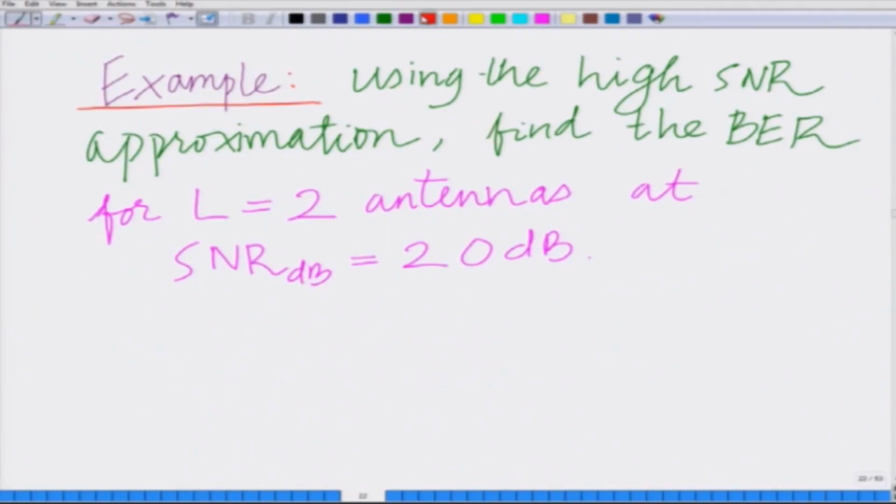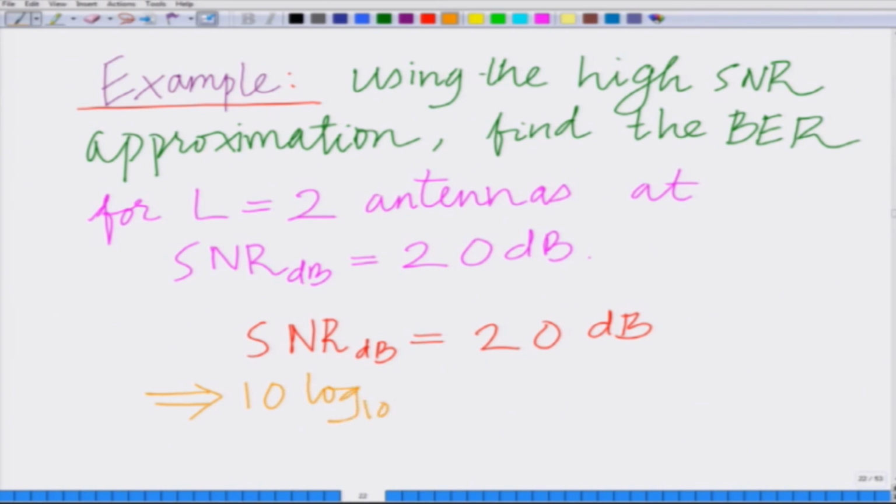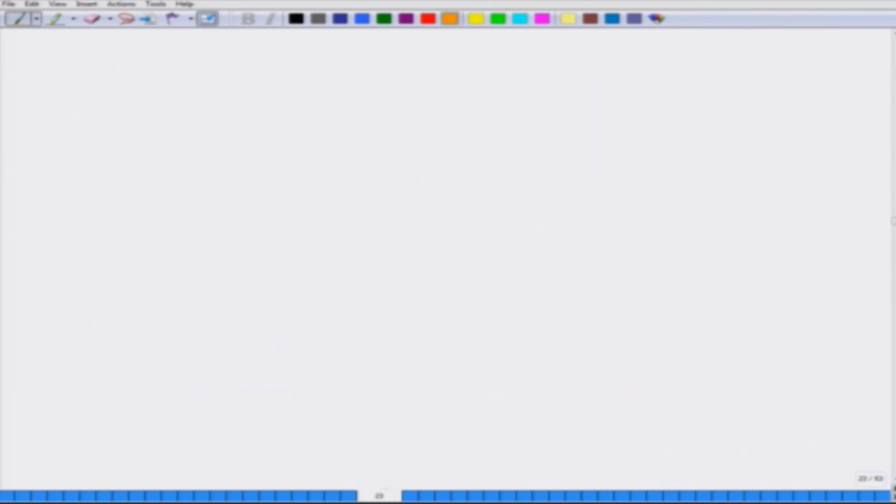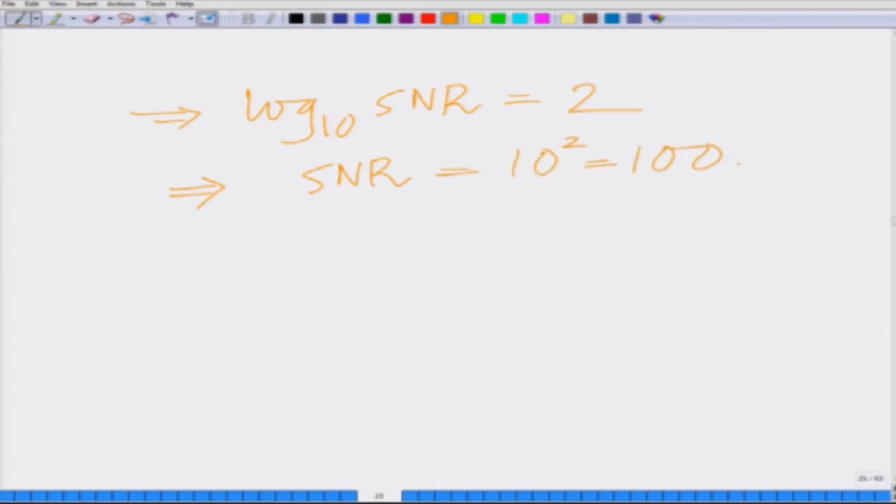Since we are given that SNR is equal to 20 dB, that is SNR dB equals 20 dB, that implies log 10 SNR equals 2, which implies the SNR equals 10 squared, equals 100.